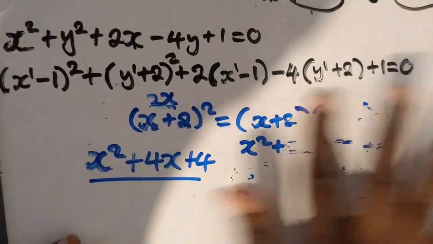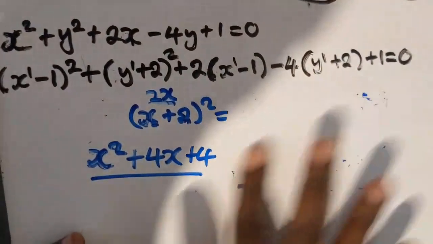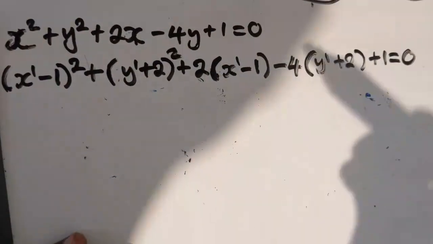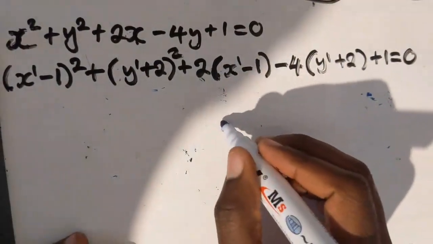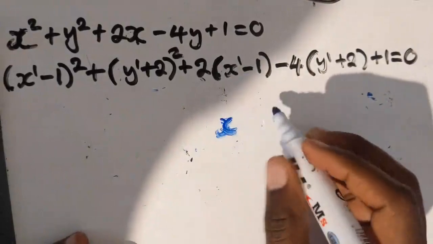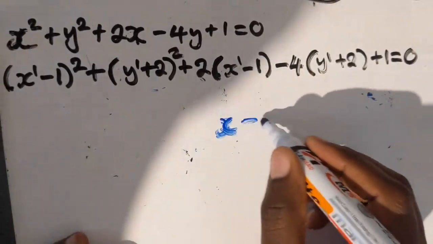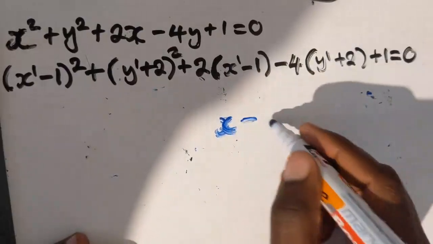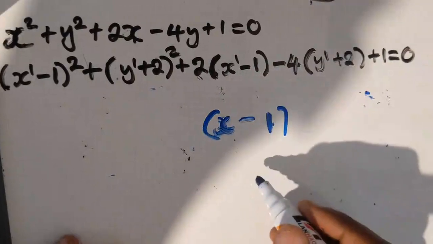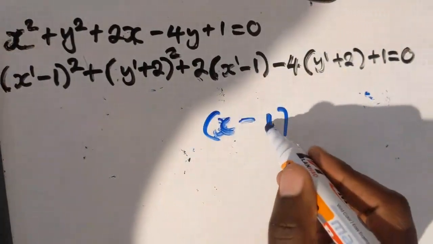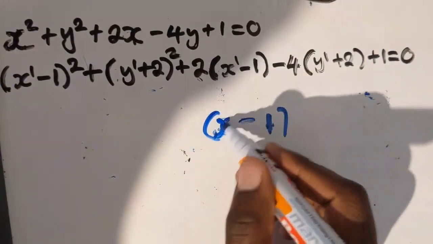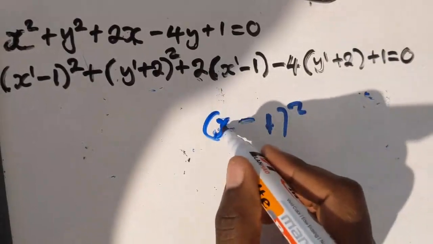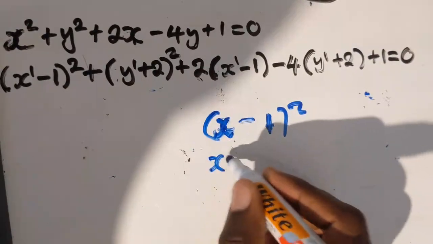Let me try to show you again. When you have something like x minus 1, just one and the same. What to do is to square the first, so you're going to have x squared.